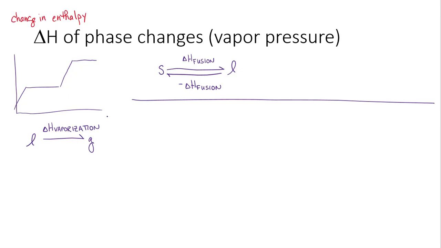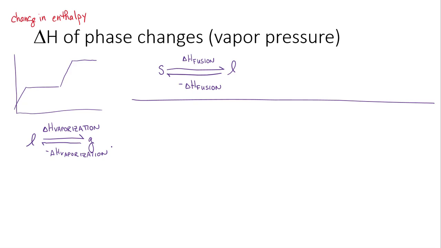That is an endothermic process. When you go from liquid to gas, energy is required. If energy is required, that is endothermic, and so it's positive. And going the opposite direction, you would use the negative delta H of vaporization, because that is an exothermic process. Energy is released. Delta H is negative.